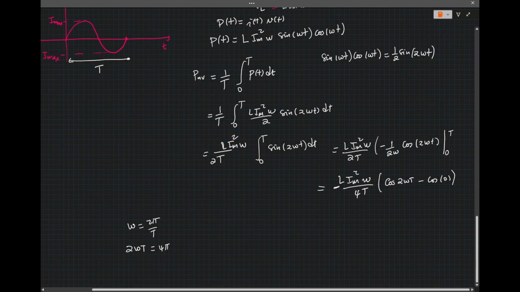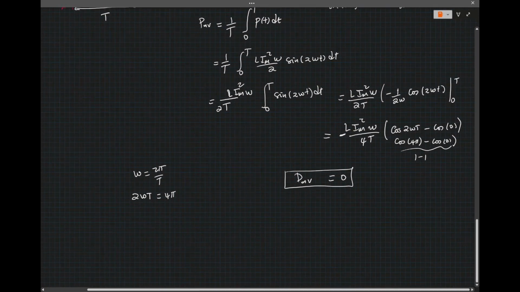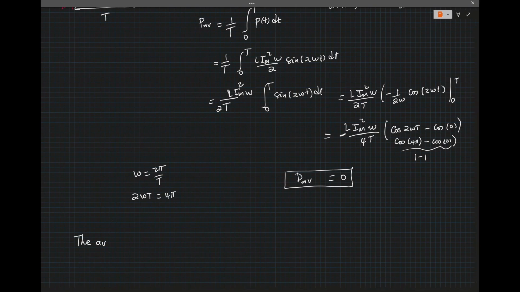That means I have cosine 4 pi minus cosine 0, so that is 1 minus 1. So this whole thing is 0. So the average power for this purely inductor is 0.